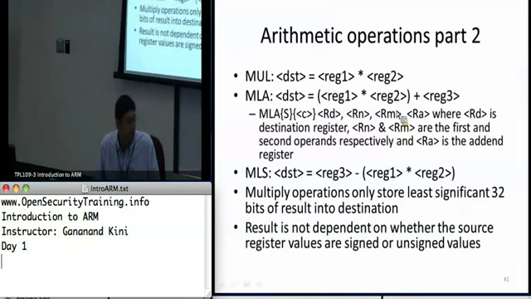The third register, which is referred to in the manual as RA, is called an addend, and it's the addition operand. And multiply with subtract is MLS, and it takes the first two registers, multiplies them, and then subtracts it from the third one.